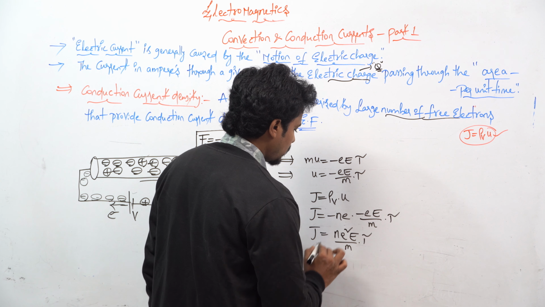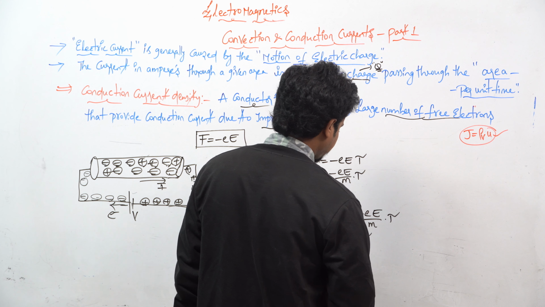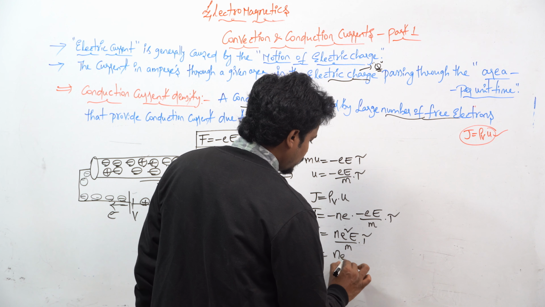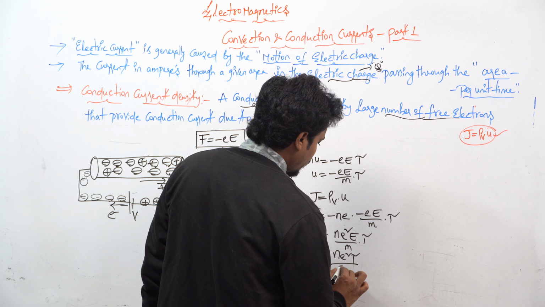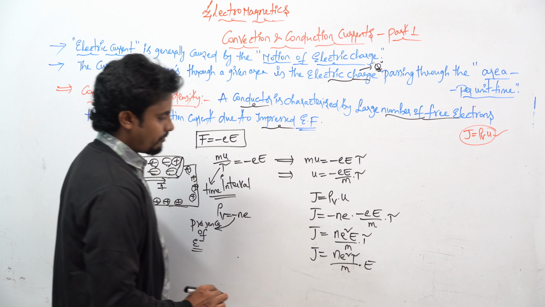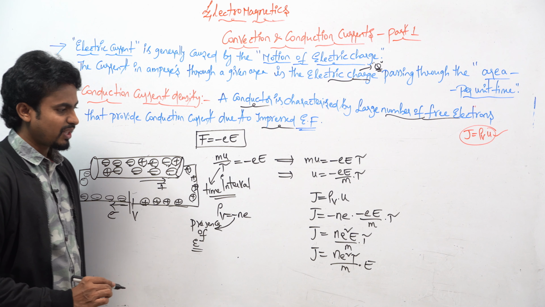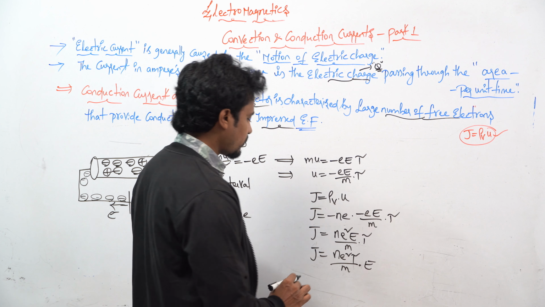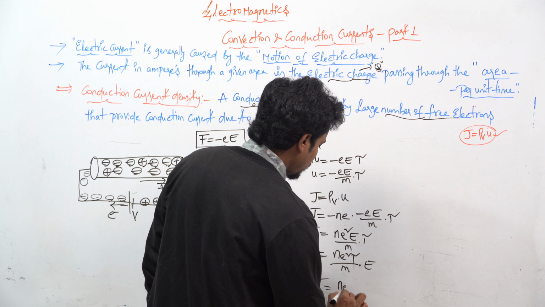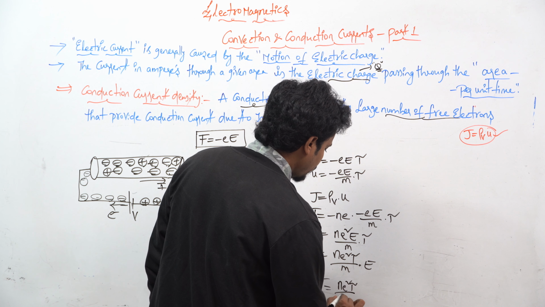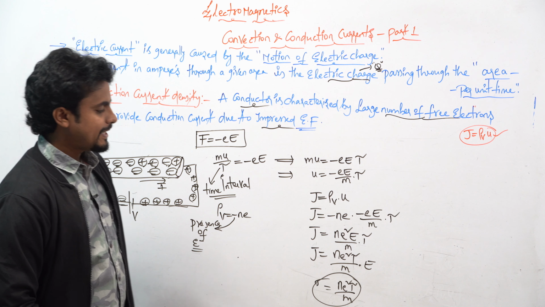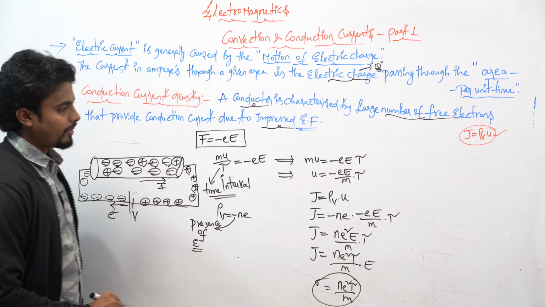So J is equal to n into E square tau divided by m into capital E. If you want to represent sigma, the conductivity, sigma is equal to n E square tau divided by m.